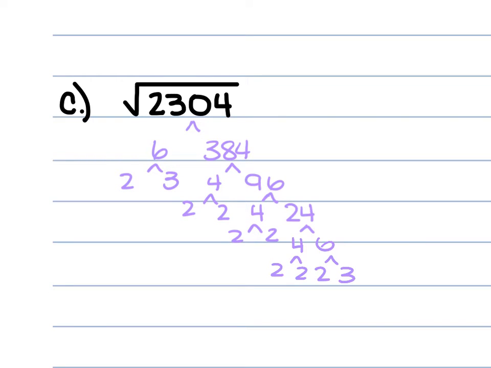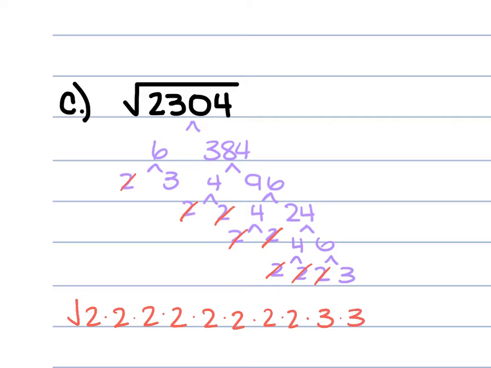So when we go to rewrite this, this is the square root of 2 times 2 times 2 times 2 times 2 times 2 times 2 times 2 times 3 times 3. So I have all of my numbers, yes.